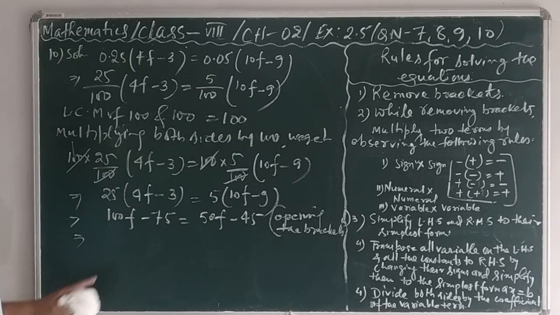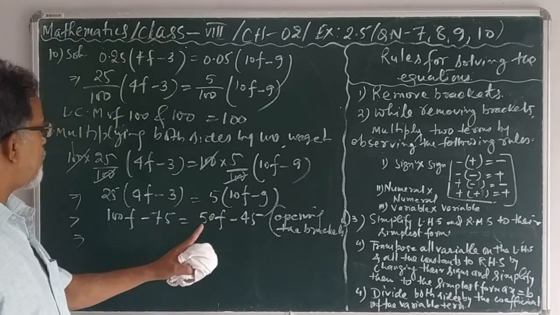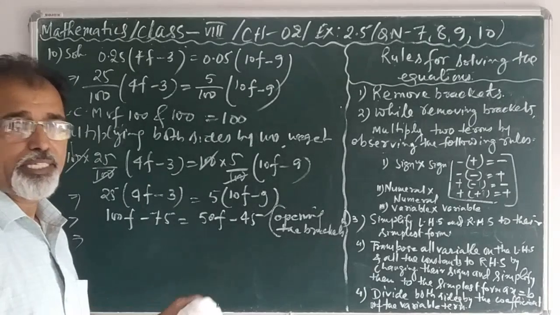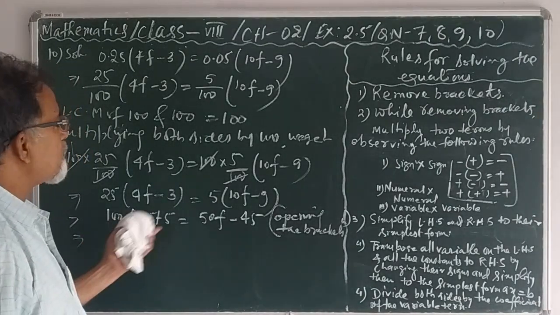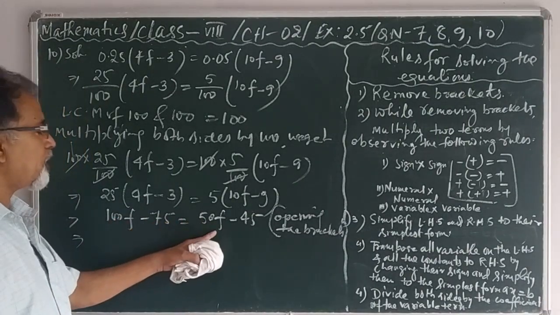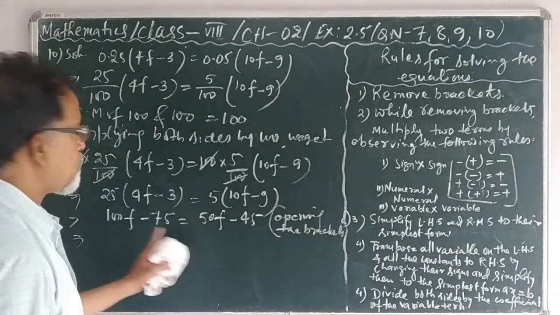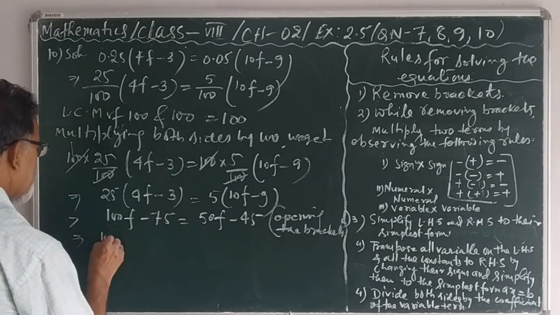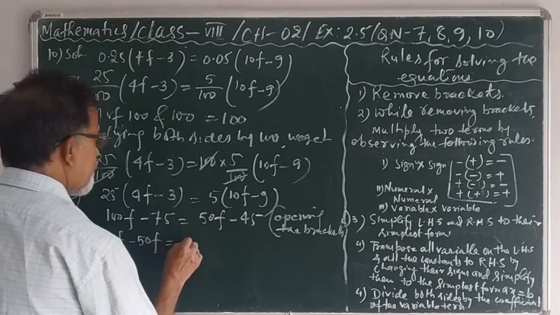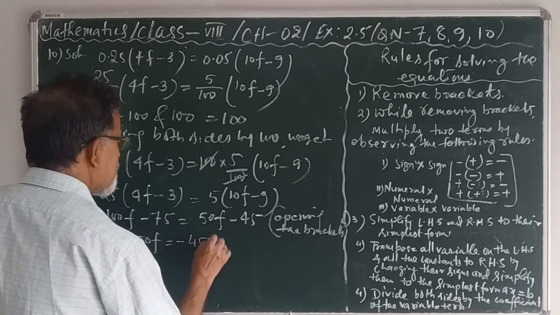Here once again we will observe the LHS and RHS. LHS has two terms, RHS has two terms. This is variable, and that's why this variable will be transposed to LHS. 100f minus 50f equal to minus 45 plus 75.